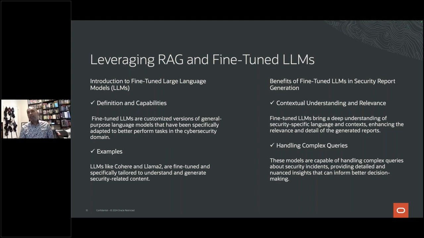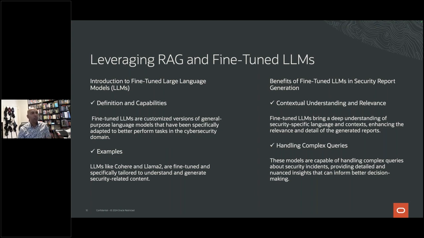Now, what is fine-tuning? Fine-tuned LLMs are customized versions of general purpose language models that have been specifically adapted to better perform tasks, in our case, in this cybersecurity domain. So we have used Cohere and the Llama 2, which is in production.